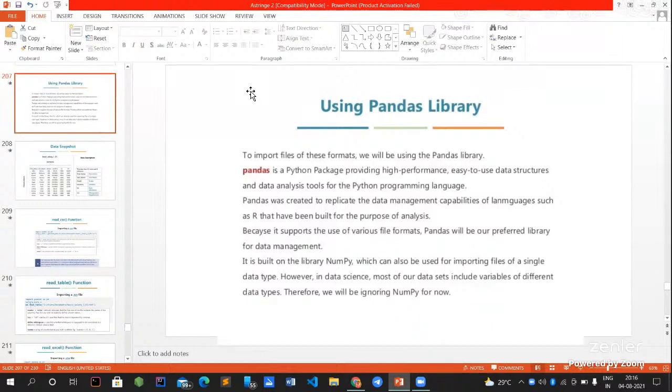When you don't have a single step or a single file in that data type, most of our data sets include the importing of single or multiple data types. This will include variables of different data types also, and that's how you will be shifting more towards pandas, like in NumPy.